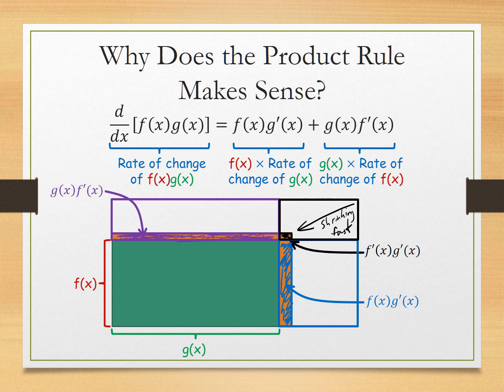So it's okay for the product rule to ignore it, because this area is going to approach zero very fast. This area is much smaller than the other two areas, so it's okay to ignore it. And it's completely accurate when you're talking about infinitely small changes.